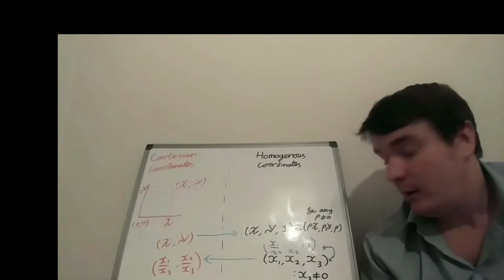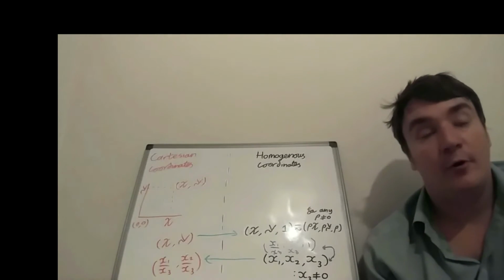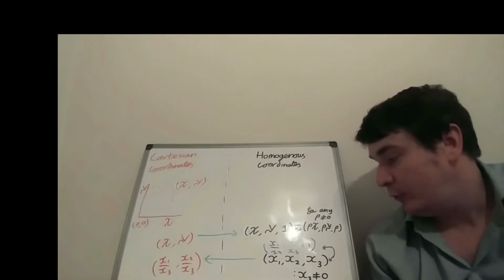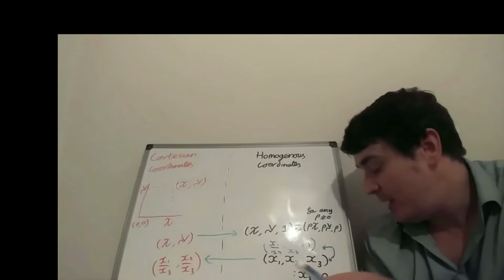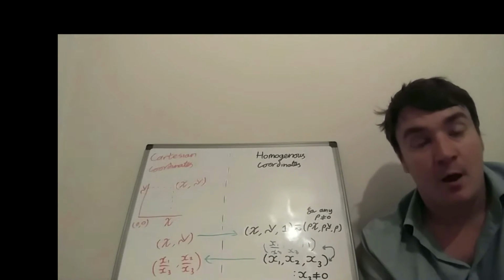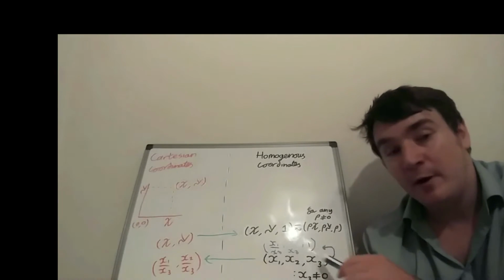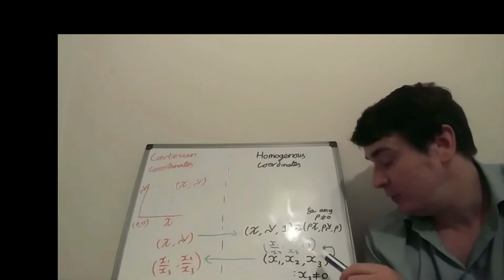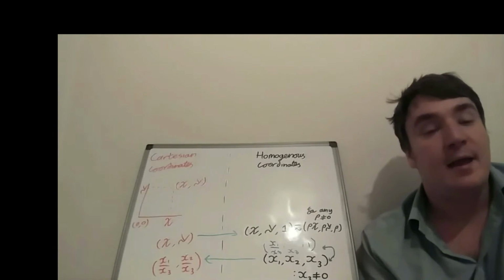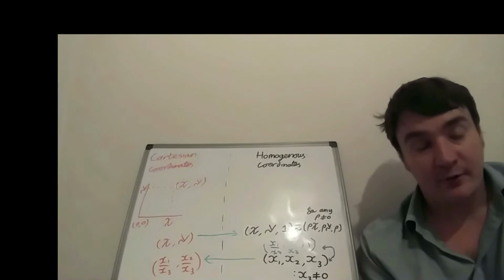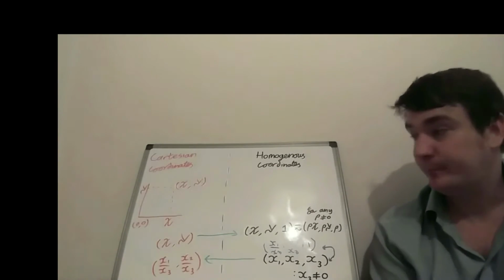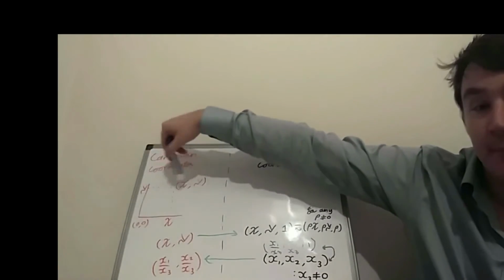So then we can see why homogeneous coordinates are in a sense more powerful, because of course we can do this kind of conversion when x3 is not 0. But what about when x3 is 0? What kind of points are we referring to with homogeneous coordinates which have the last entry equal to 0? Well, in that case, essentially, you might say that we're referring to points at infinity on the Cartesian plane.